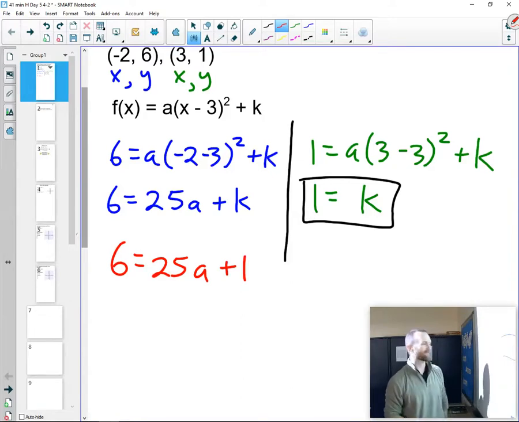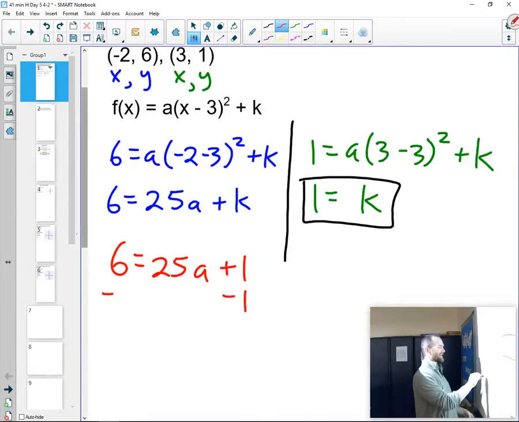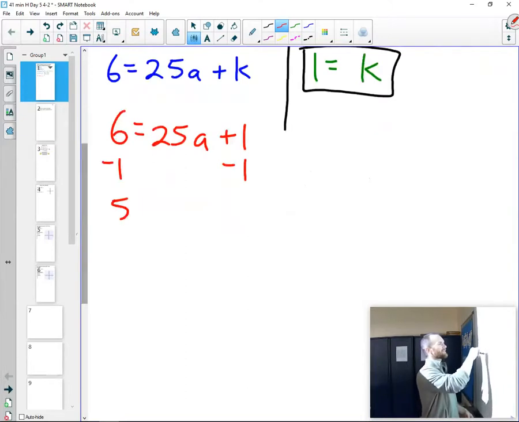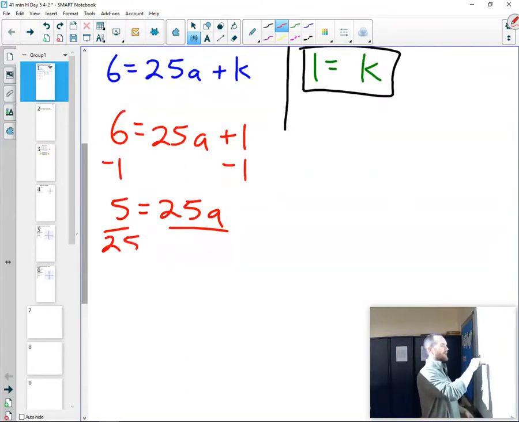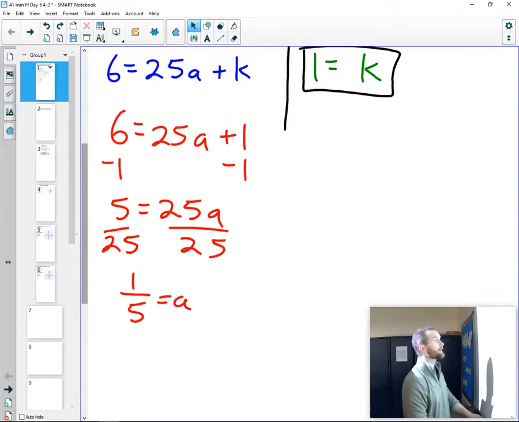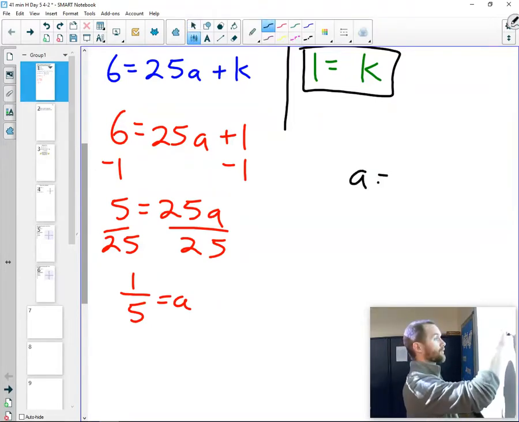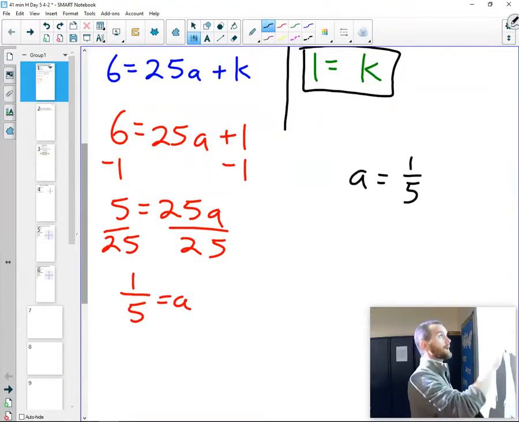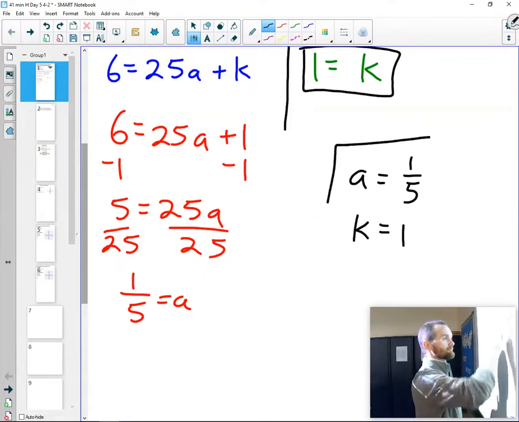Almost plugged 1 in for the wrong variable there. Take away 1 from both sides. We get 5 equals 25a. Divide everything by 25 to get a by itself, and we get 1/5 equals a. I'm just going to leave it as a fraction. So our final answer, a equals 1/5, k equals 1.